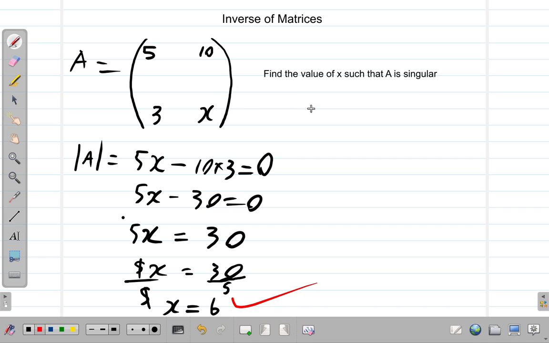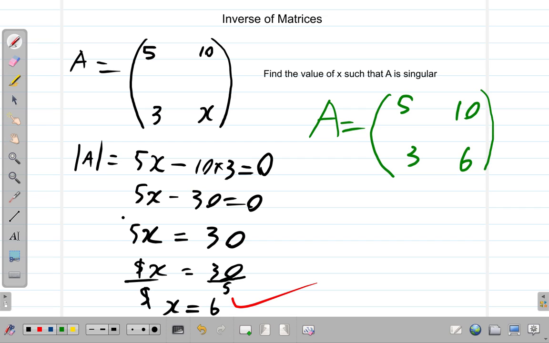Let us write down this singular matrix. The singular matrix that we're dealing with here is 5, 10, 3, 6. Now, what is the determinant of this singular matrix?